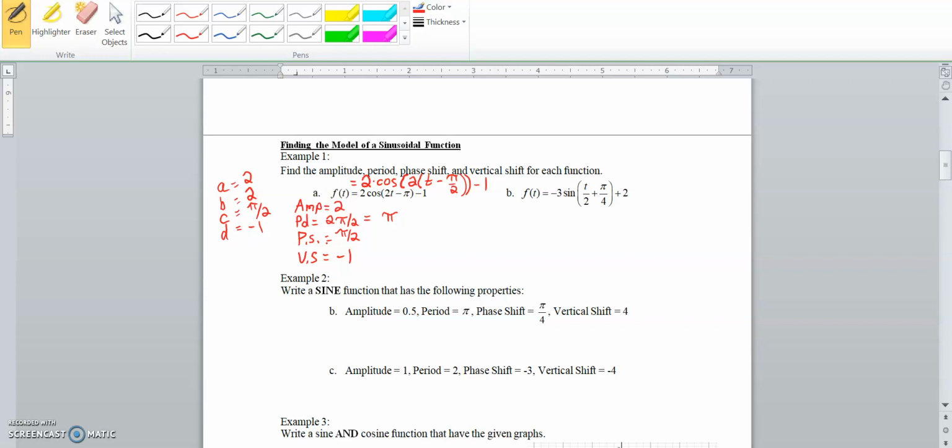Over here, we've got our parent function. Not so hot here. We got negative 3 sine of t over 2. That doesn't match. We just need t minus c. So we've got negative 3 sine. Pulling a half out front works. So t minus what?